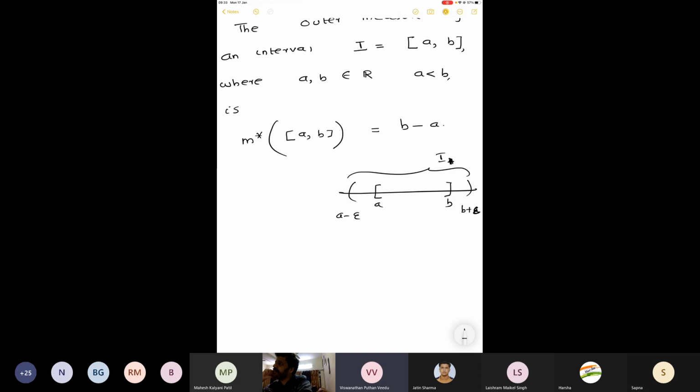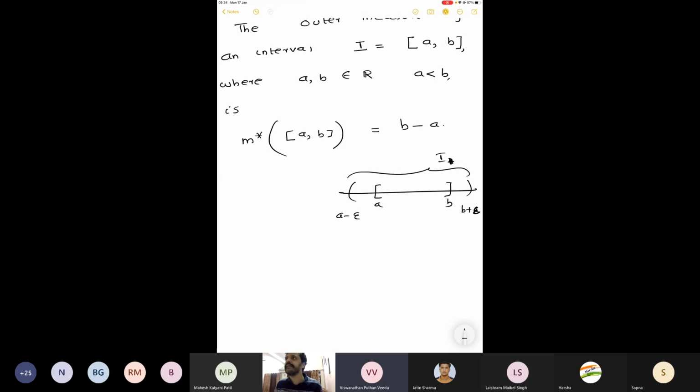A closed bounded interval is compact, so every open cover will have a finite subcover. So given any countable sequence of open intervals whose union covers [a, b], I can extract a finite subcover and then I have to work only with the finite. So in the converse part, the Heine-Borel theorem will play a crucial role. That's how we are going to prove this theorem. The detail I will reserve for the next lecture.